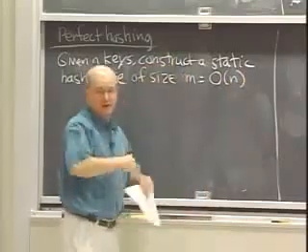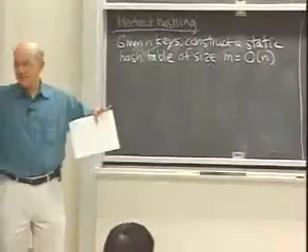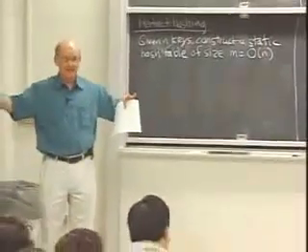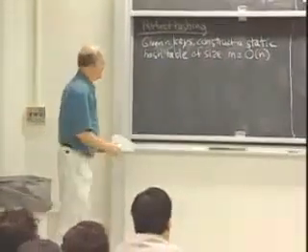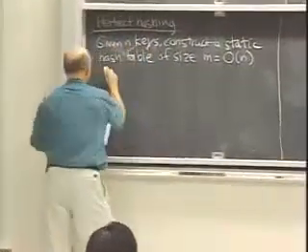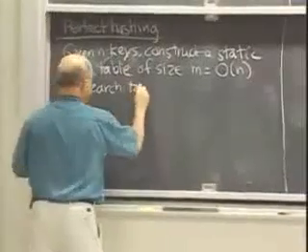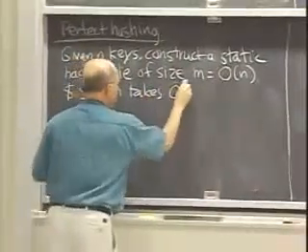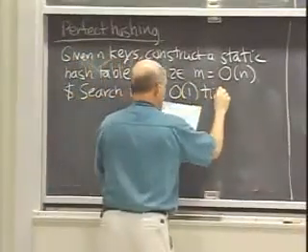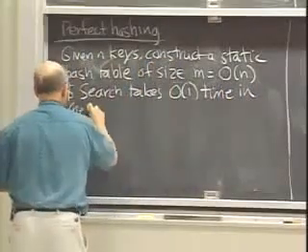So I don't want it to be a huge table. I want it to be a table that is the size of my keys. Okay. A table of size m equals order n, such that search takes O(1) time in the worst case.